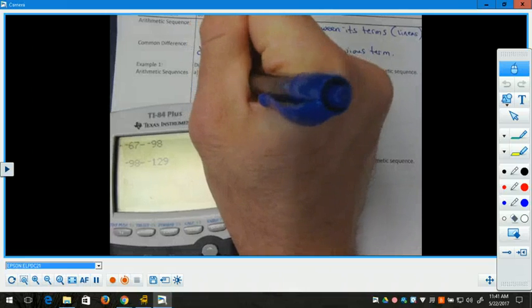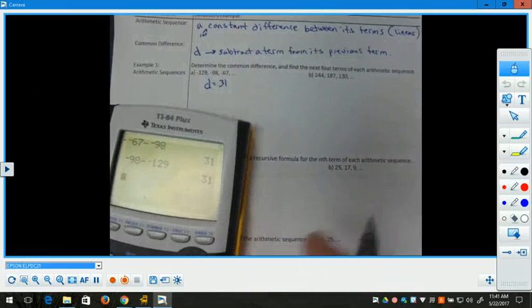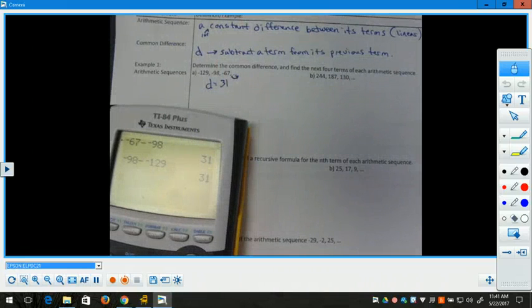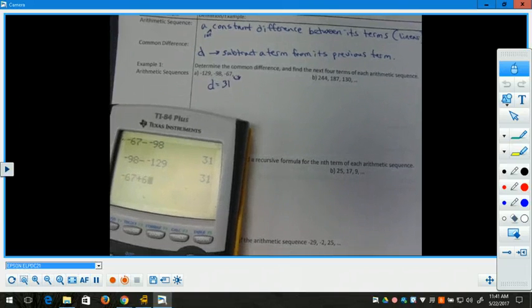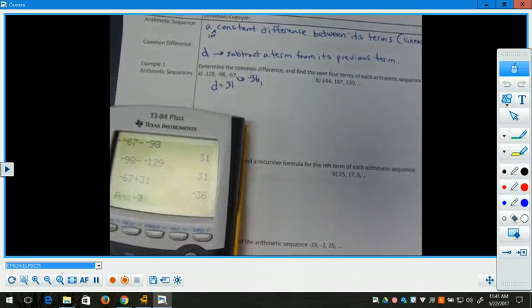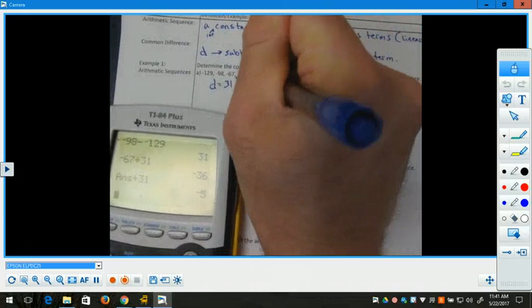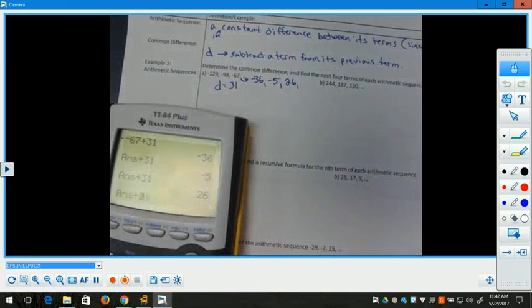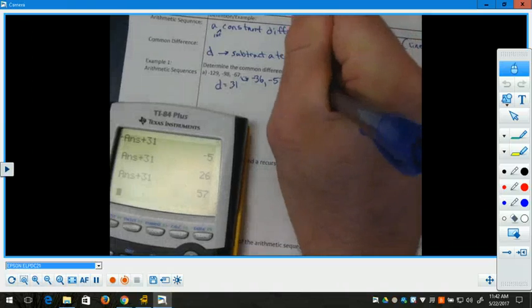So the common difference is 31. All I'm going to do is continue adding 31 to these values. So negative 67 plus 31 gives me negative 36, plus 31, negative 5, plus 31, 26, plus 31, 57.